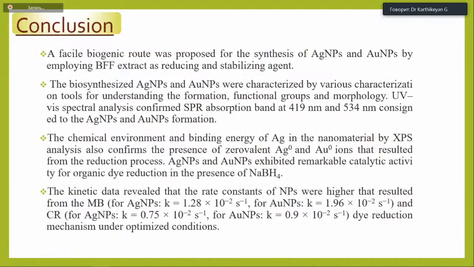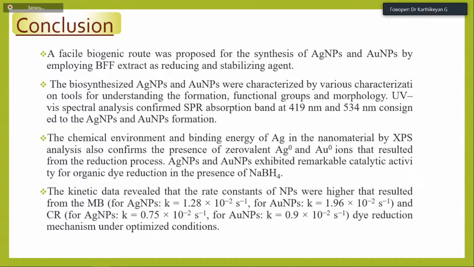As for the highlights of this work, it mainly proposed the fabrication of gold and silver nanoparticles by applying a selected fruit extract.